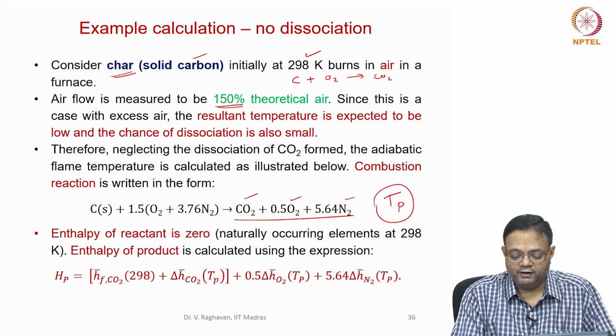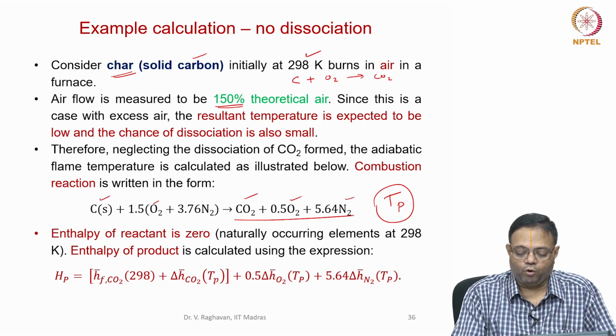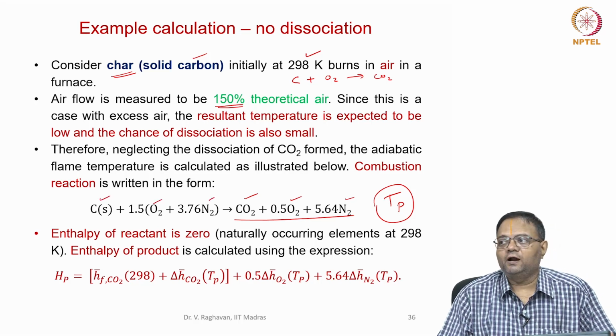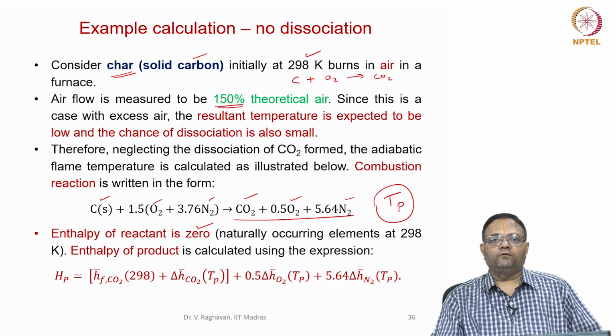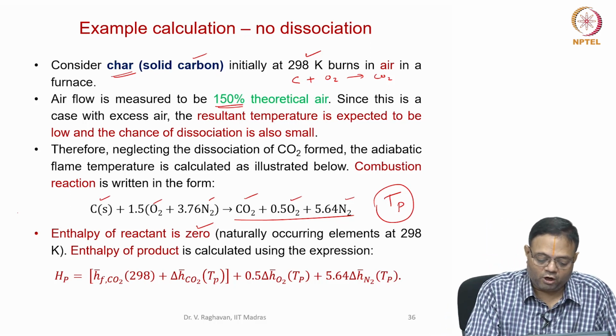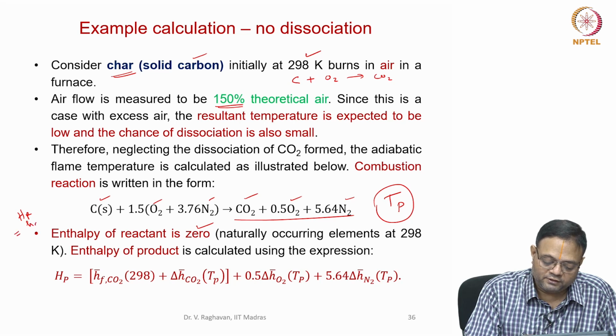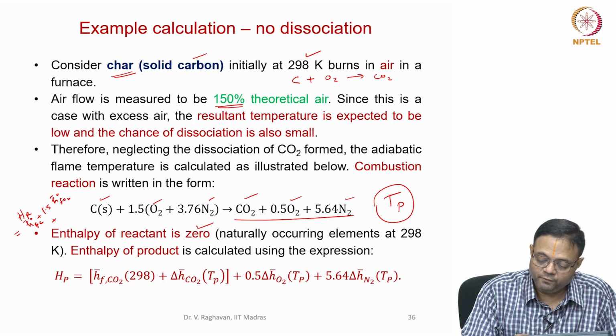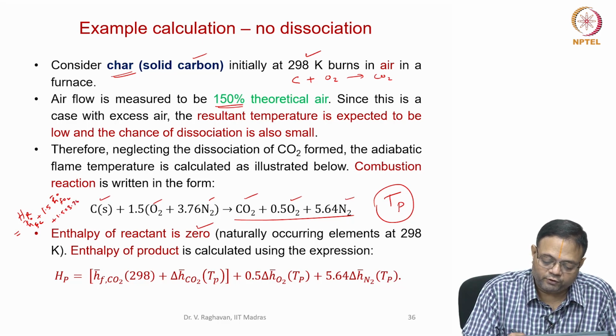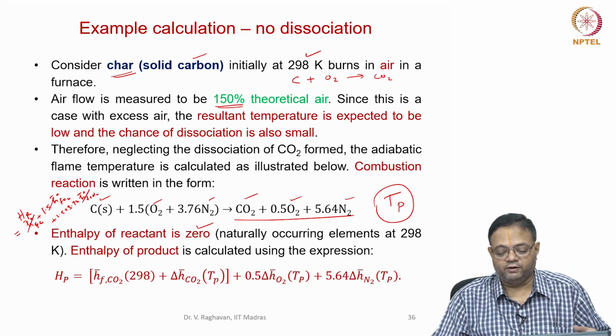What is the enthalpy of the reactants? For graphite, O2, N2, all are basic elements which are at 298 Kelvin. So, the enthalpy of the reactants is 0 because Hf of these three are 0, correct. So, HR will be equal to Hf of C plus 1.5 times Hf of O2 plus 1.5 into 3.76 into Hf of N2, but you will see that all these three are 0 because they are basic elements.